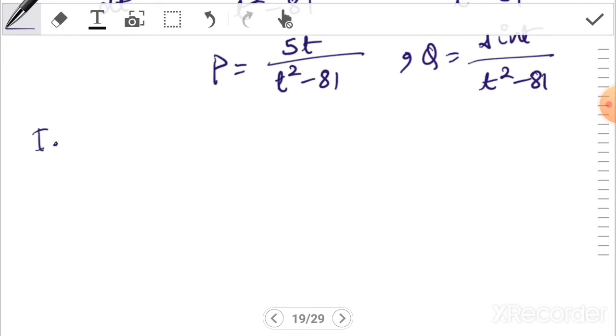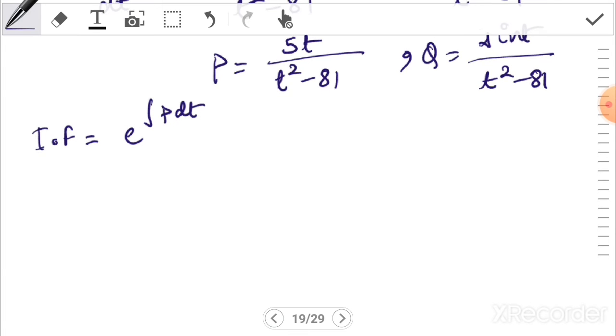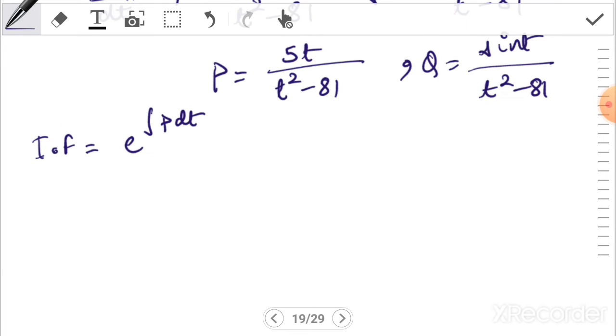So the integrating factor is e^(∫p dt), that is e^(∫5t/(t² - 81) dt).